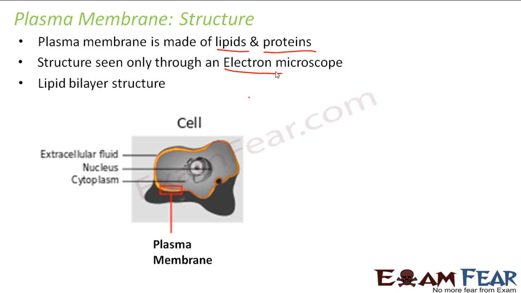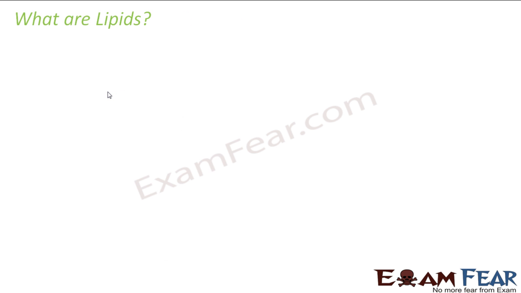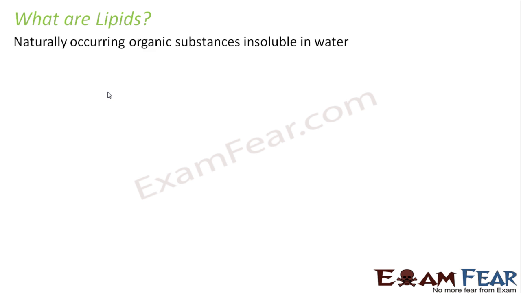The structure of the plasma membrane is often known as the lipid bilayer structure. We will talk about the lipid bilayer structure in a little more detail. But first we should understand lipids in order to understand the lipid bilayer structure. So what are lipids?